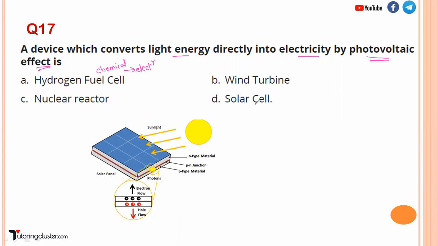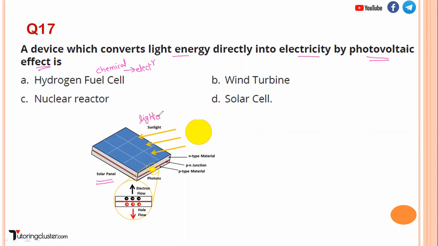And in case of a solar cell, you have a PN junction. How is it formed? By having P type material and N type material. This is basically a solar panel which receives the sunlight, and sunlight is light energy.